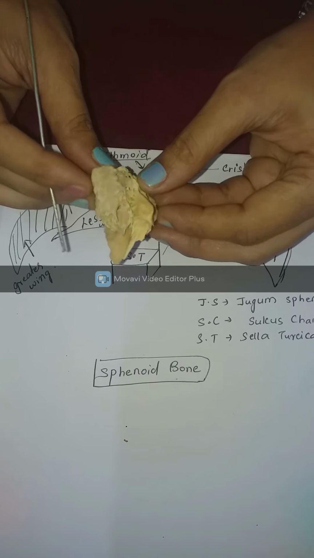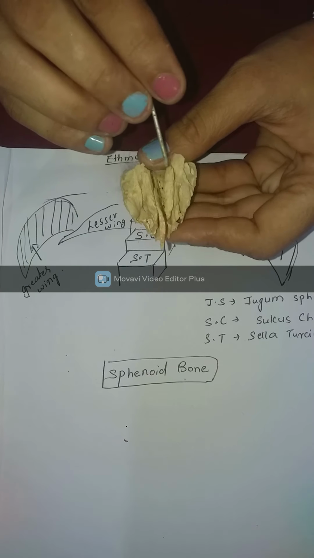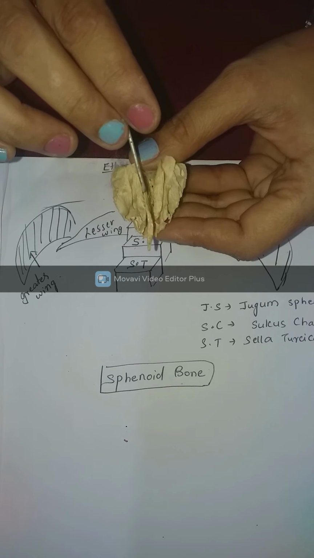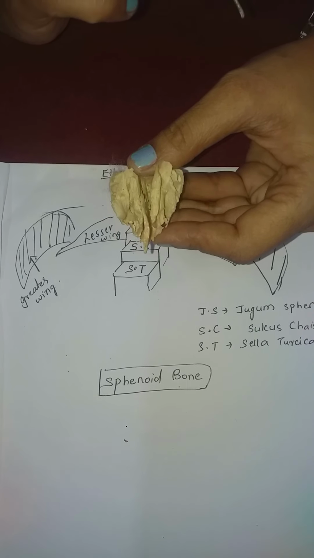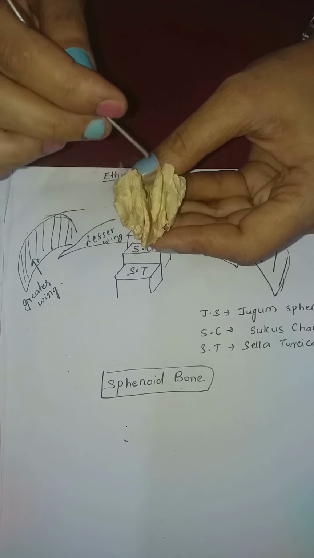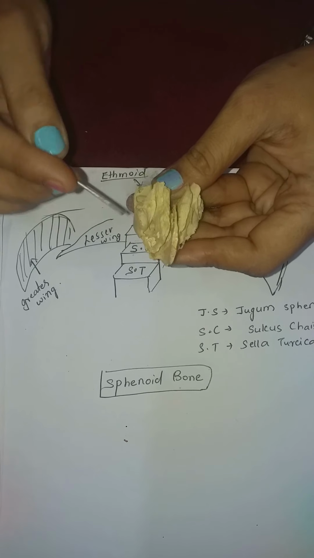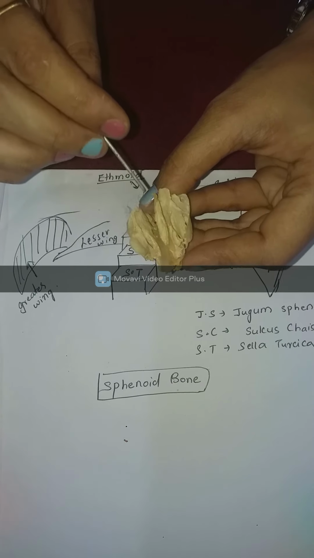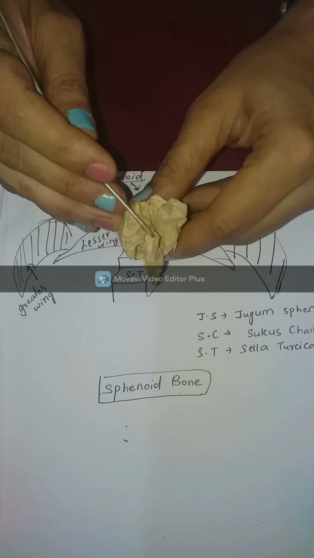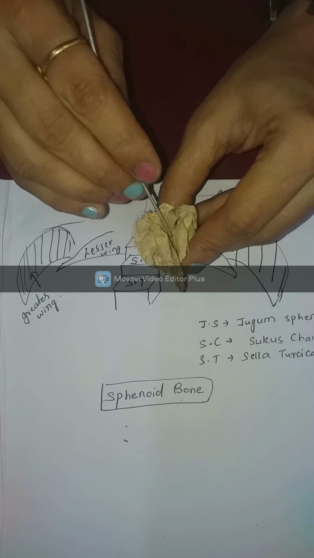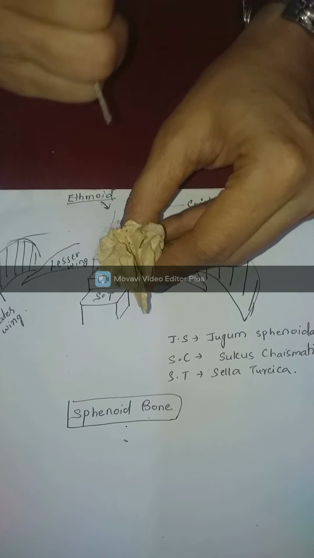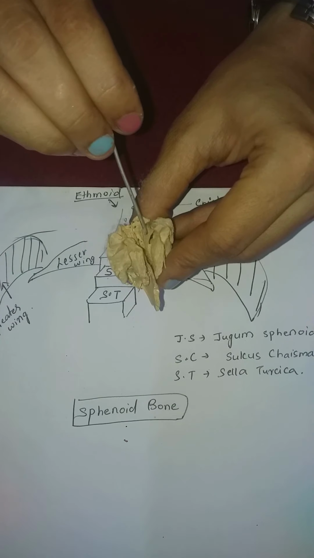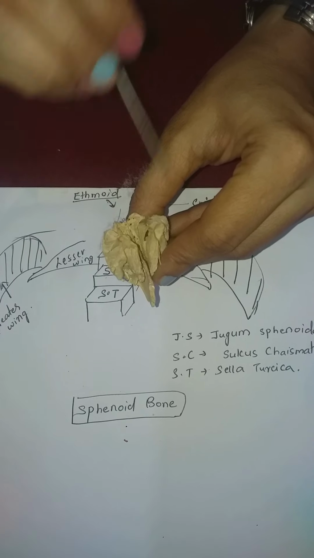Let us flip it and see from below. What do we have in the center? We have the perpendicular plate which dips down into the nasal septum. And on either side we have the labyrinths, the lateral portion of which goes into the bony orbit, and the medial portion has the medial wall, with the superior concha and the middle concha.